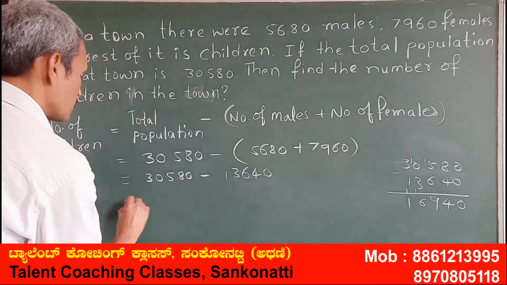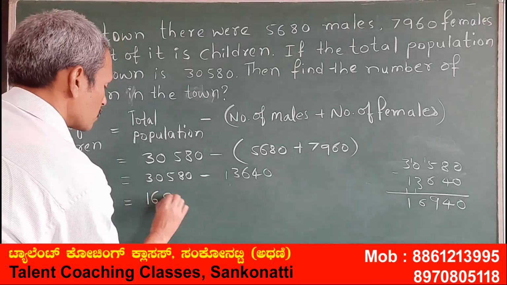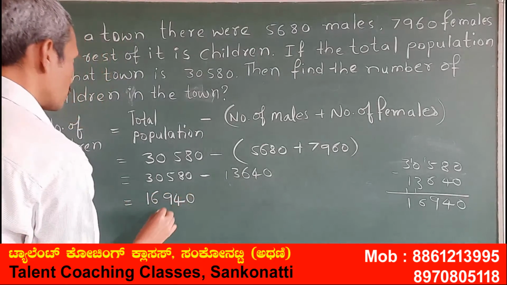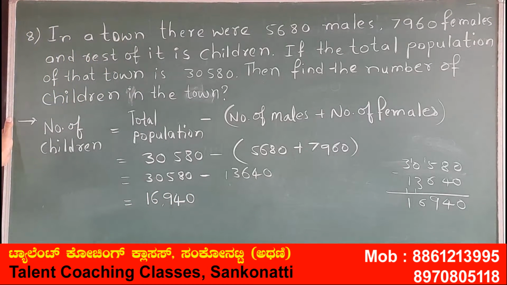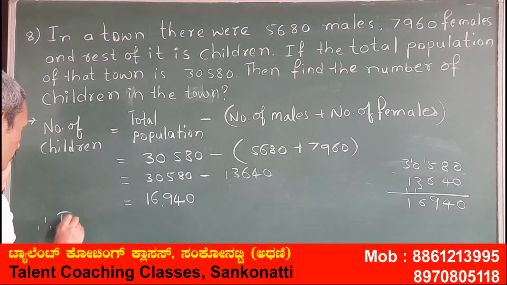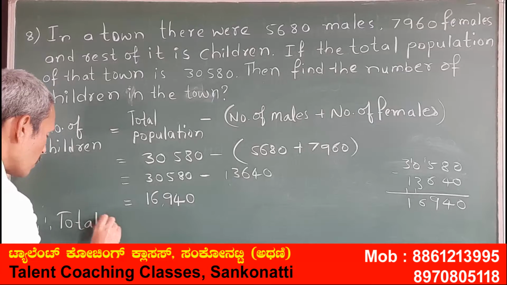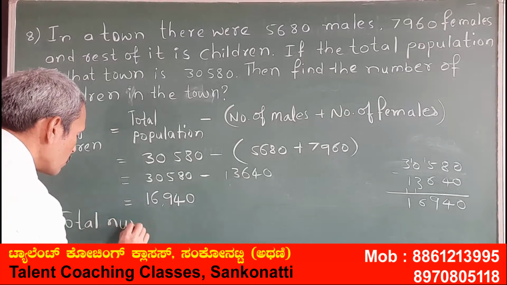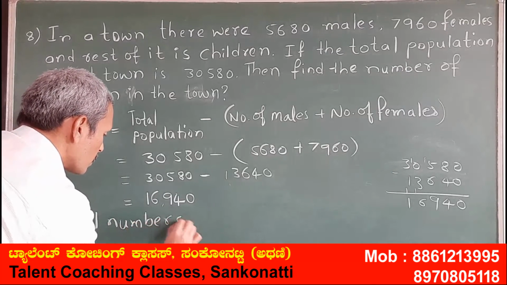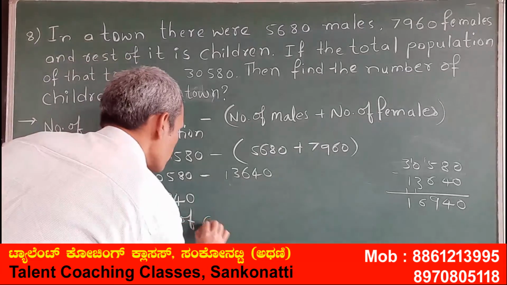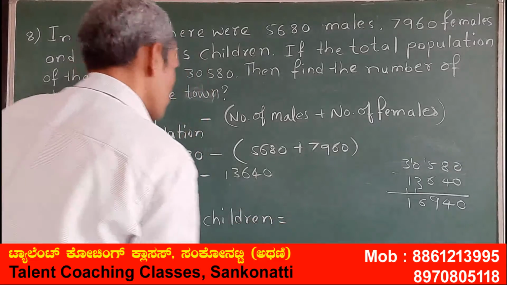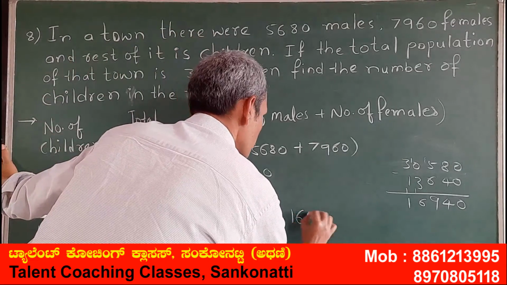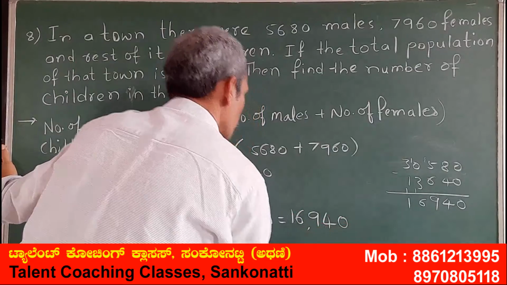That is 16940. 16,940 children are there in that town. Therefore, the total number of children in that city is 16,940.